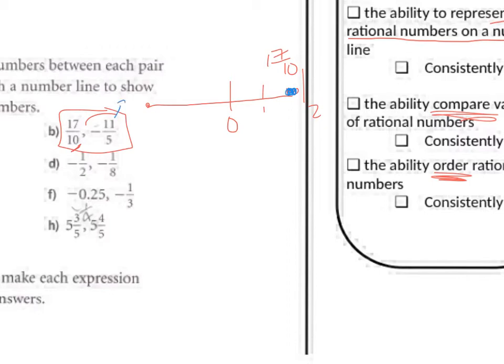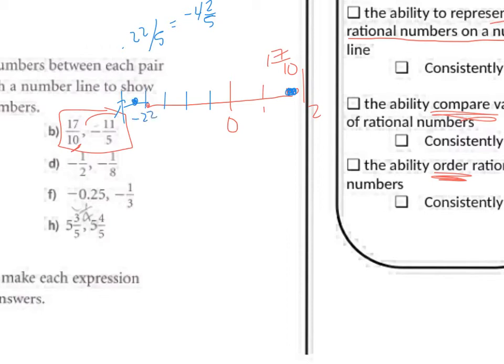This, when I double it, I'm going to get negative 22 over 5, which is about negative 4 2/5. So this is 1, 0, 1, 2, 3, 4, and that's about there.